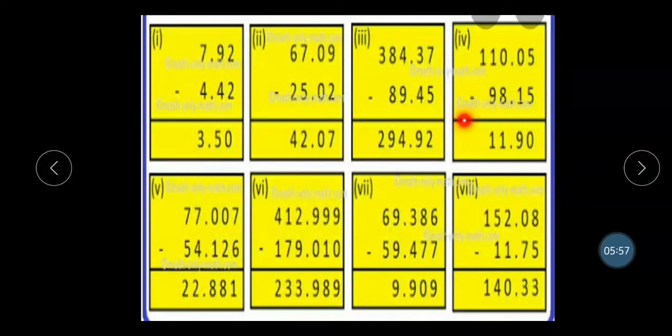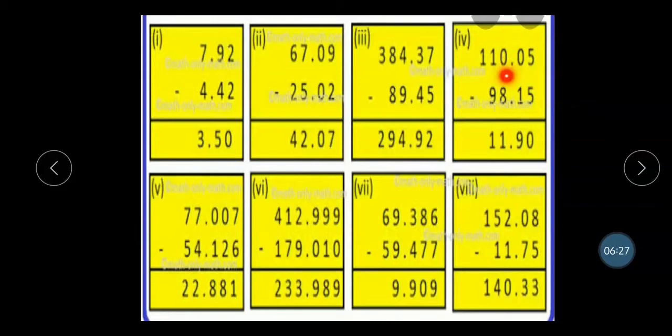Fourth example, 110.05 minus 98.15. Please write it properly, children, one below the other, keeping in mind the decimal point. 5 minus 5, 0. 1 cannot be subtracted from 0, so 0 will become 10. 10 minus 1, we get 9. As it has borrowed, the 0 will become 9.